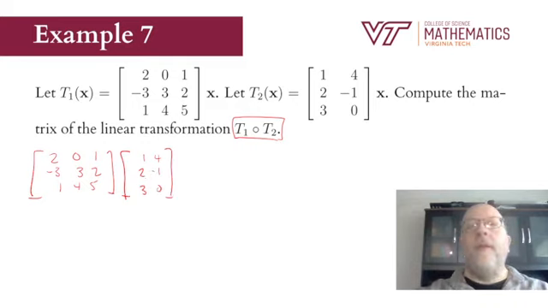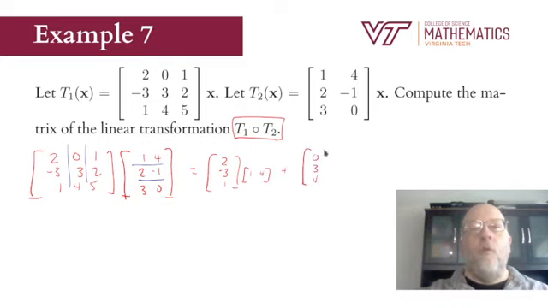We're going to apply the column row rule to this. Split this one up into columns, split this one up into rows. And so we get 2, negative 3, 1 times 1, 4. And 0, 3, 4 times 2, negative 1. And 1, 2, 5 times 3, 0.